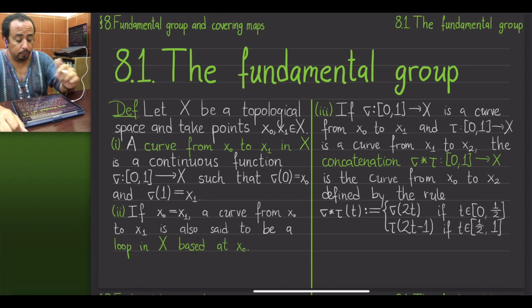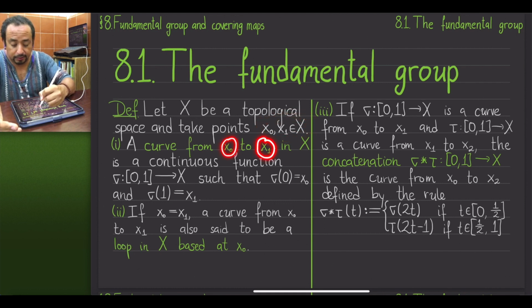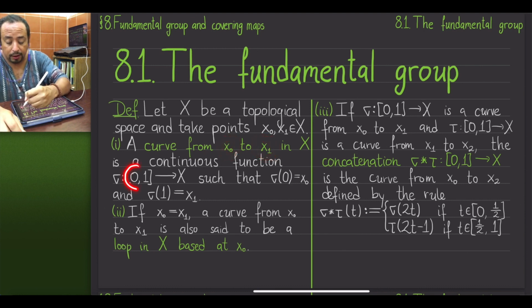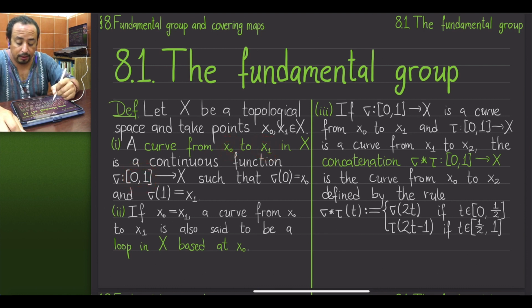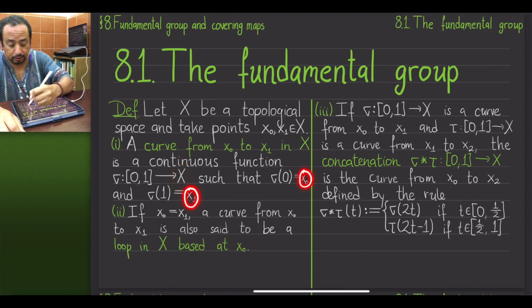So let's start with the basic notions. We start with a topological space, and if we're given two points, a curve from one to the other is a continuous function from the closed interval to the space, connecting one to the other, starting in x0.